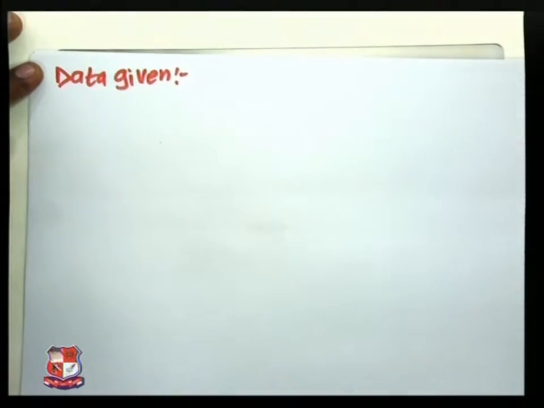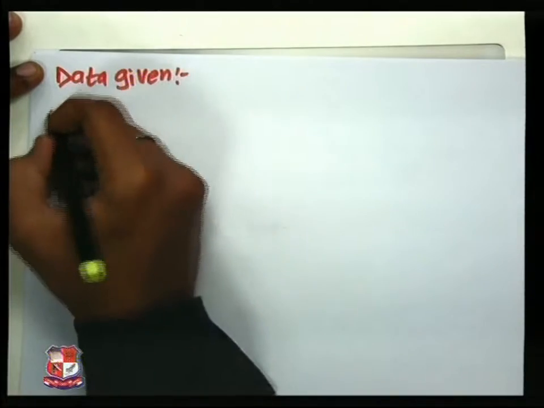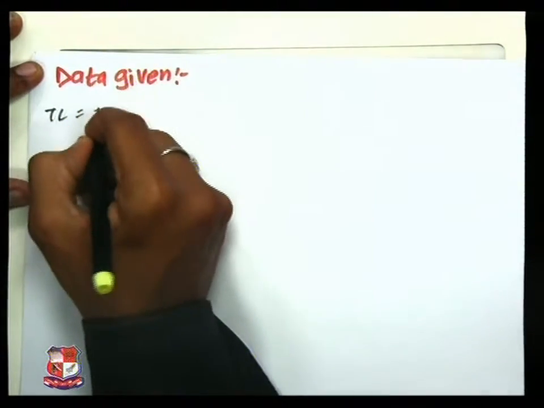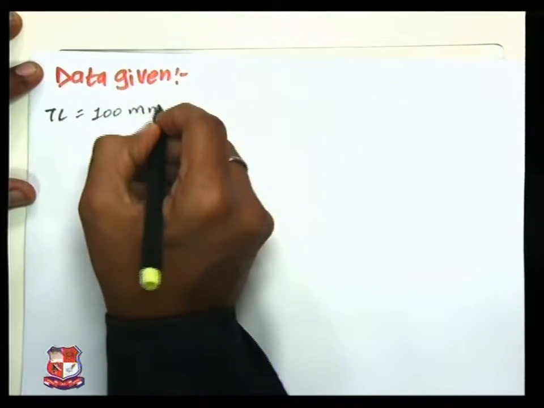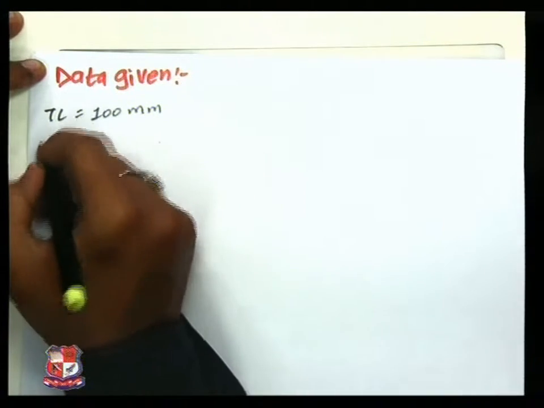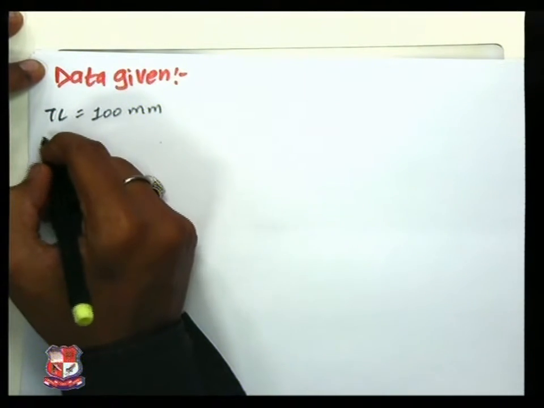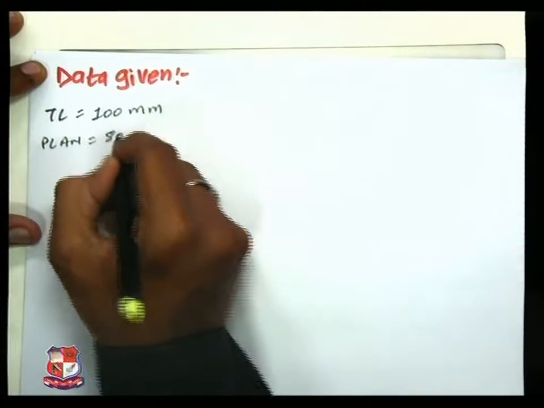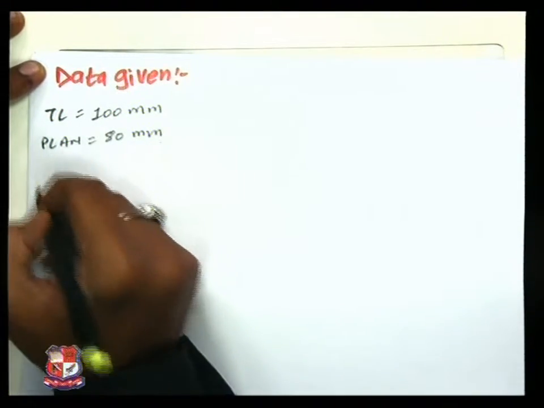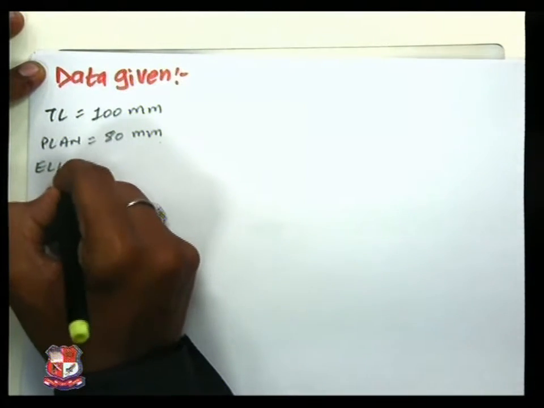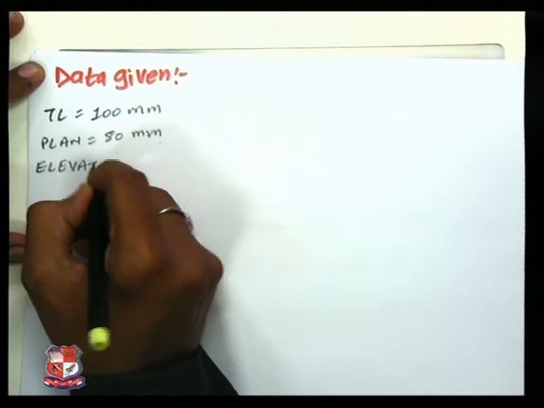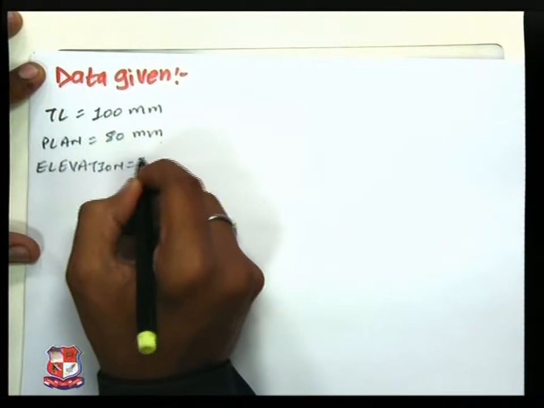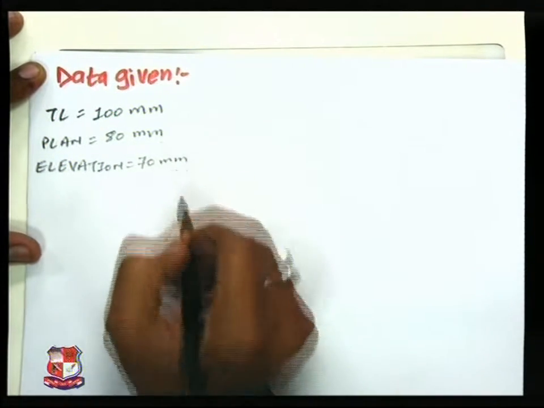Data given. True length is given: 100 mm. Plan is given: 80 mm. Elevation is given: 70 mm.